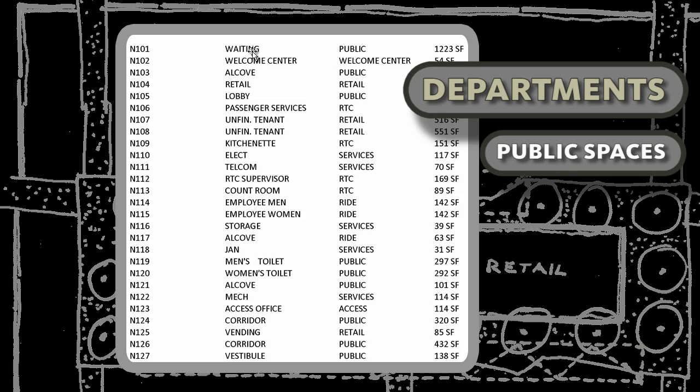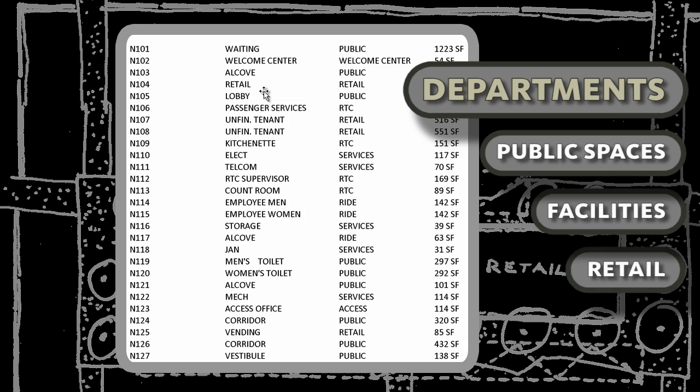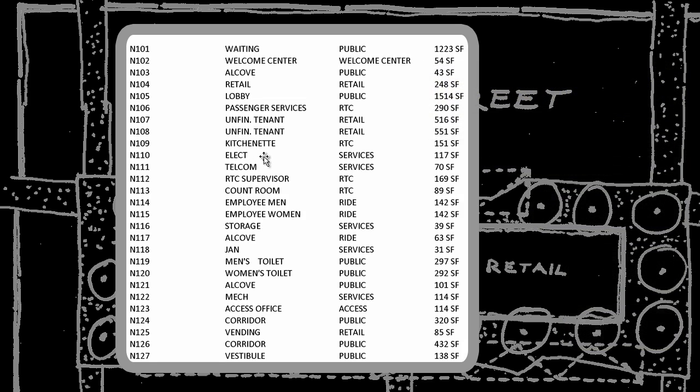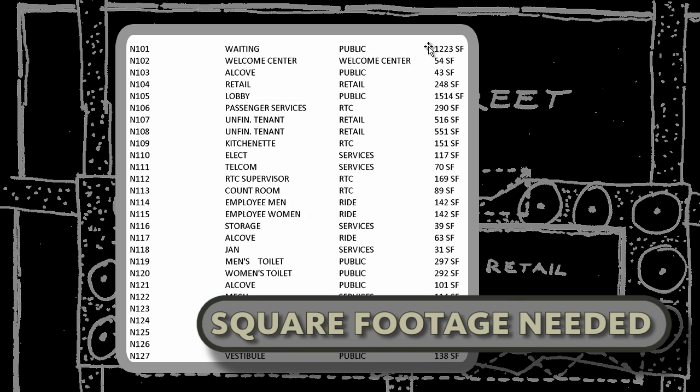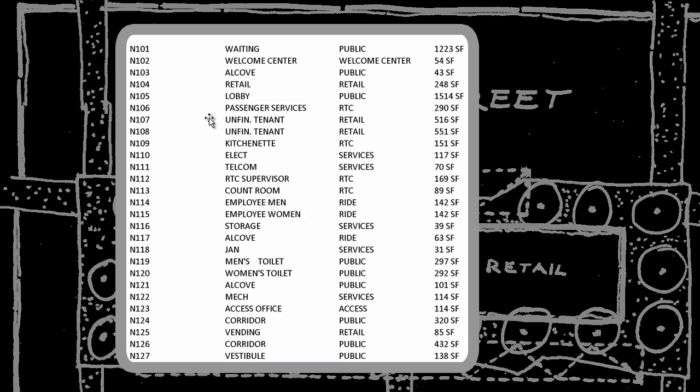Public spaces, like a waiting area, the restrooms and corridors, as well as retail spaces, which we'll talk about in just a little bit, and services. These are basically the back of house areas, electrical rooms, telecommunication rooms, and things. We've identified the sizes. This is basically the square footage, the area required based on the needs of the project for these spaces.